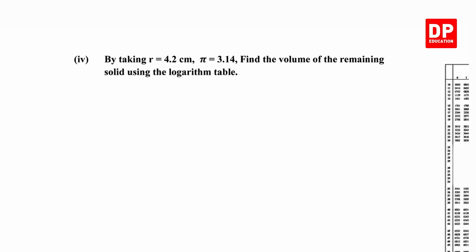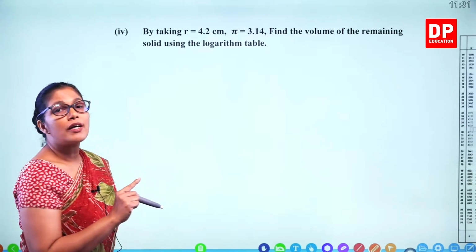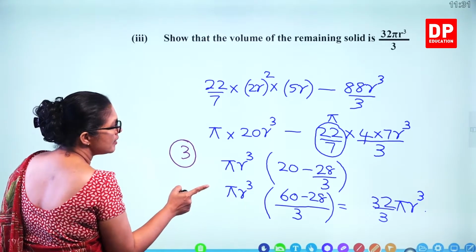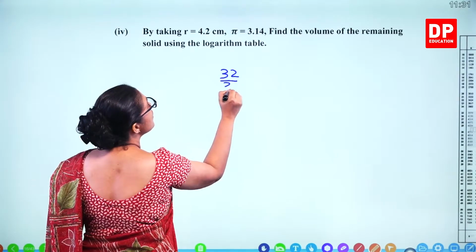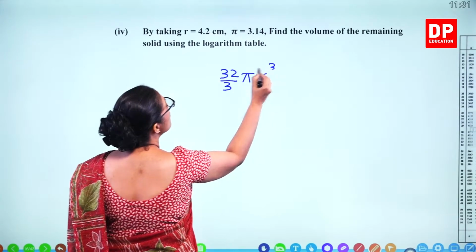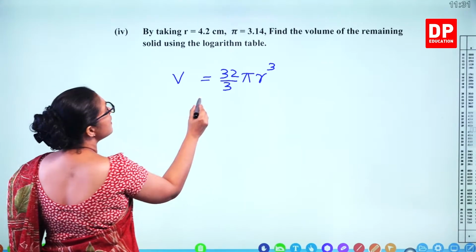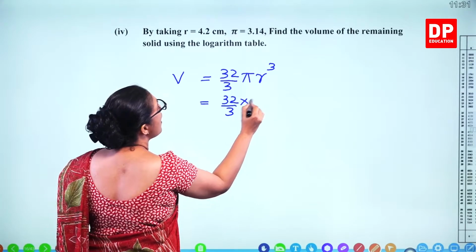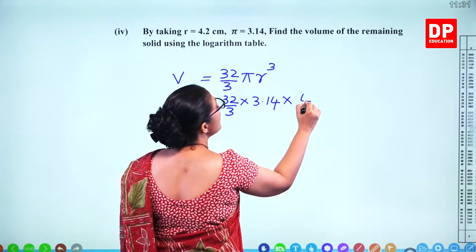By taking r is 4.2 centimeters and pi as 3.14, find the volume of the remaining solid using the logarithmic table. So what's the remaining one? 32 over 3 pi r cube. We'll take as V. Take log both sides. Here before that we'll substitute the values. 32 over 3, pi is 3.14 and what's the r value? 4.2.